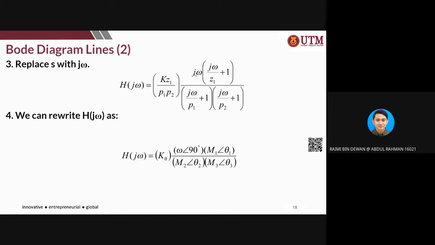How do you get this j? Euler's theorem. It's actually omega at 90 degrees, you put in phasor form, it's actually 90 degrees. And then M1 angle theta 1, M2 angle theta 2, and M3 angle theta 3. So this one is this one, and this one is this one, and this one is this one.